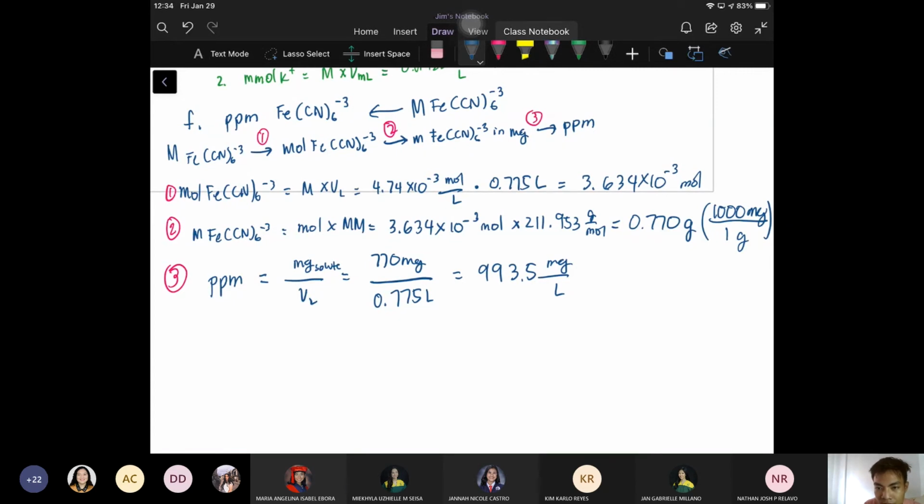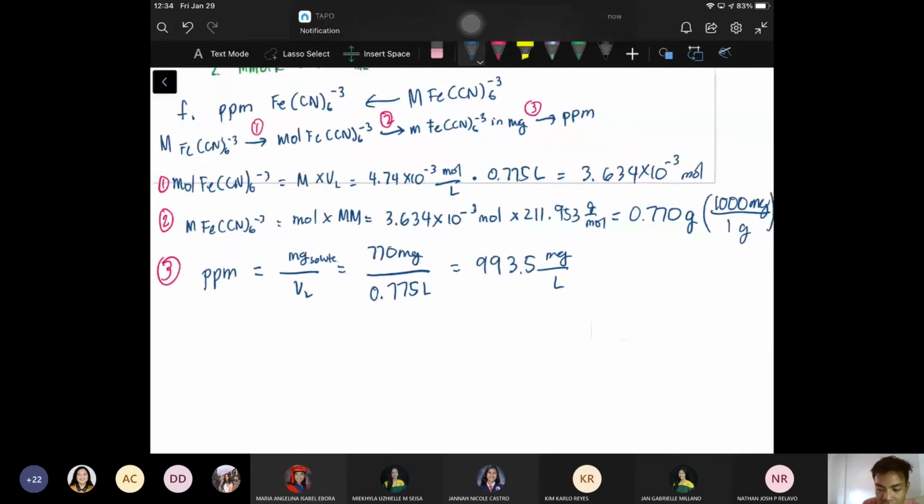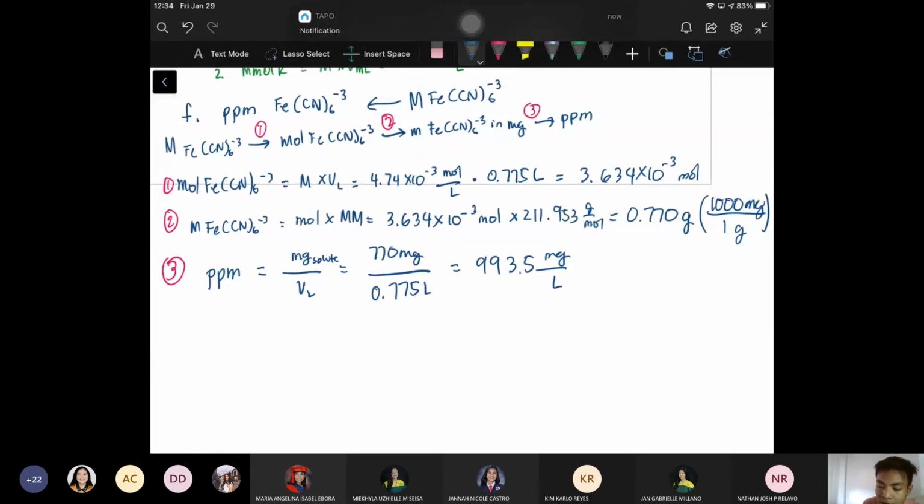Pero yung calculations in between, as much as possible, wag i-round off. No? Yung final answer lang always. Kaso nga lang, ubos oras kapag ginawa ko yun dito. So, nagra-round off ako. Okay? So, yan. So, that's our answer. 993.5 milligram per liter of the anion or 1,005 ppm then.